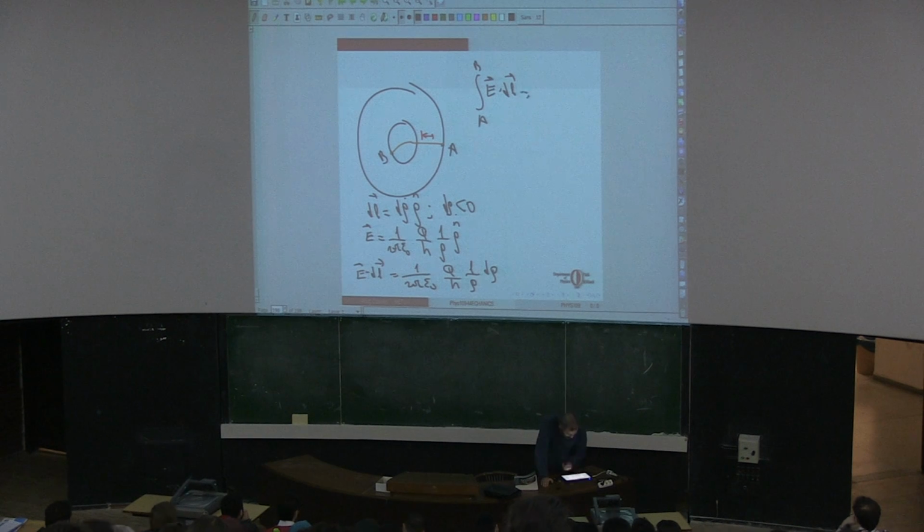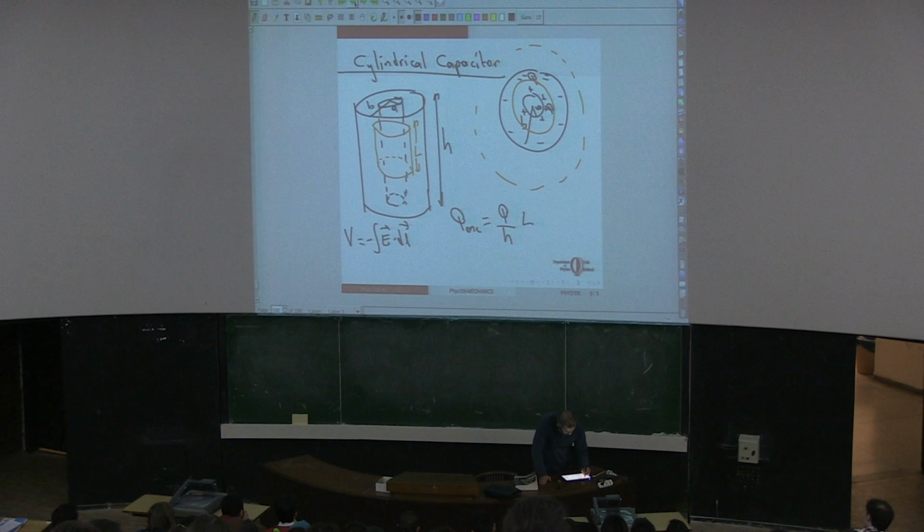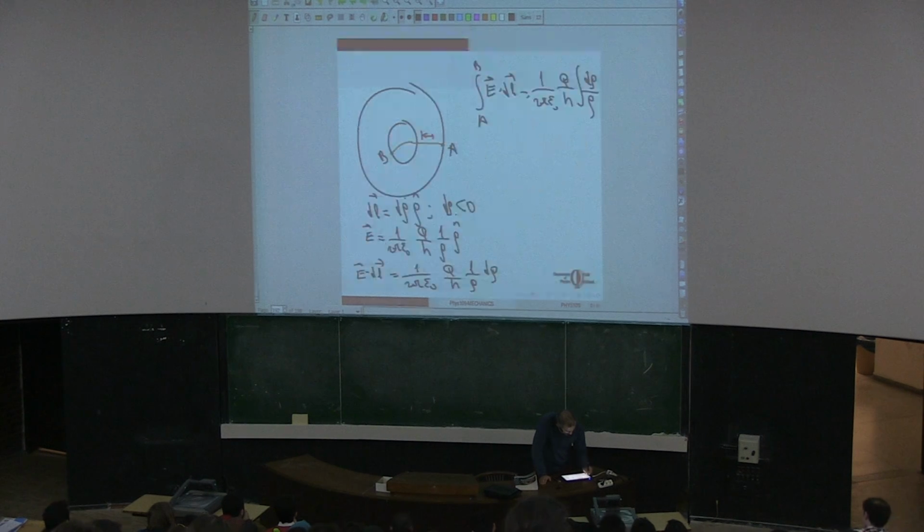This is equal to 1 over 2 pi epsilon 0 q over h d rho over rho. What is the initial value of rho? Now we had defined it as, let's see, b. The outer radius is b.